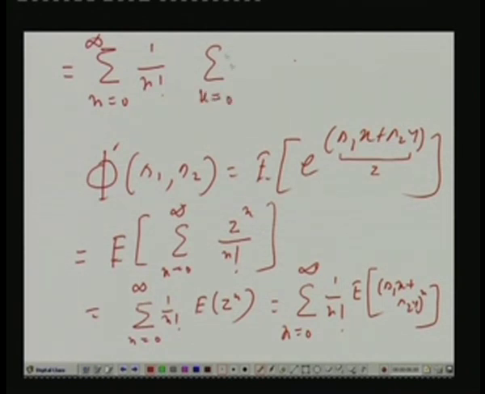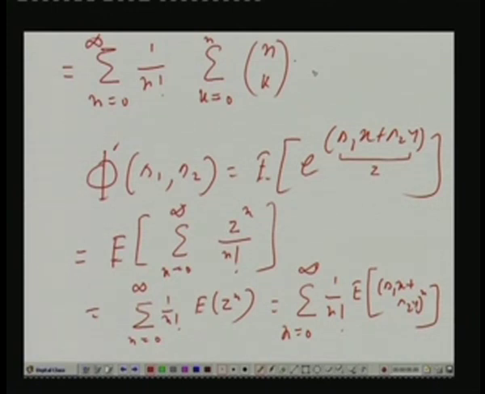So, k should be from 0 to n, total number of terms is n plus 1. We know that binomial series n k here, factorial n divided by factorial k into factorial n minus k. Expectation operator does not work on it, because this is not random.